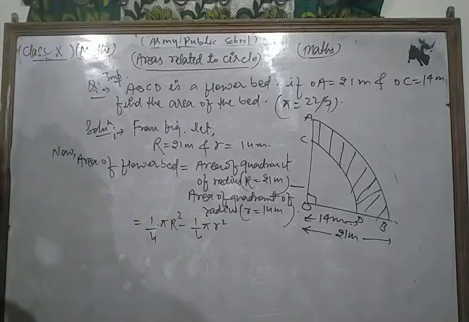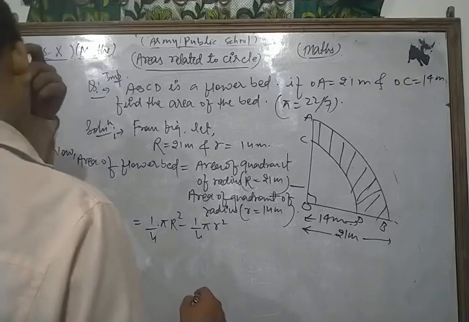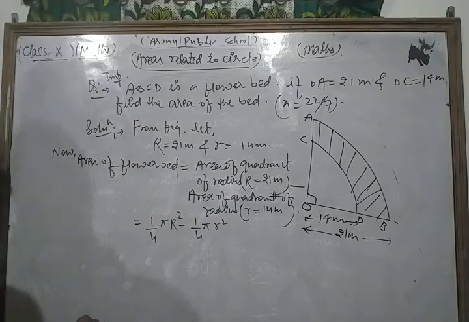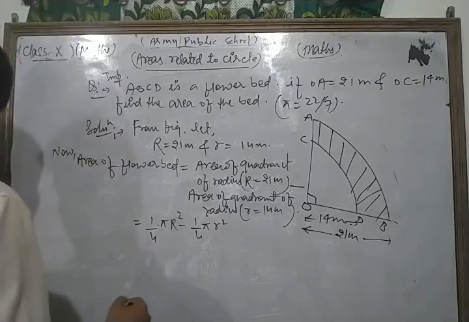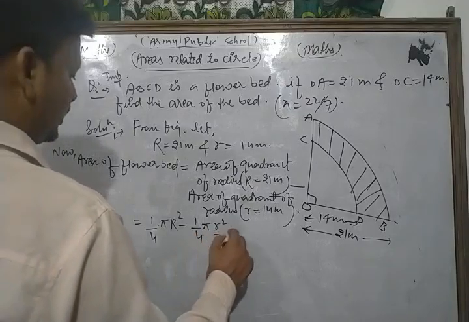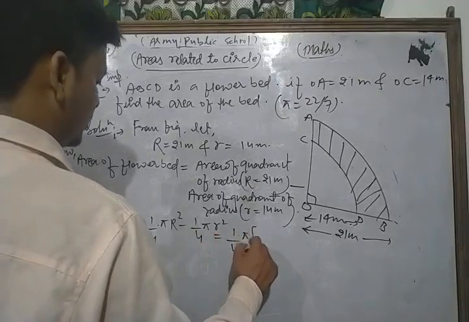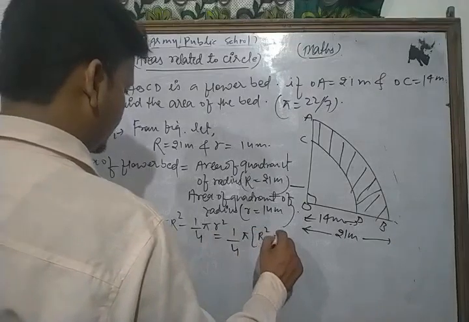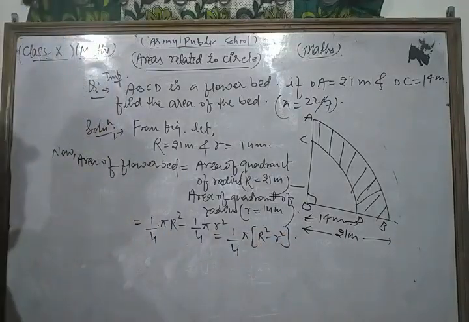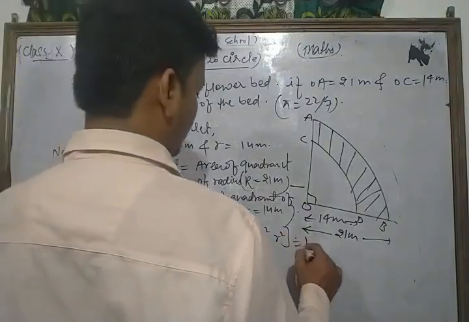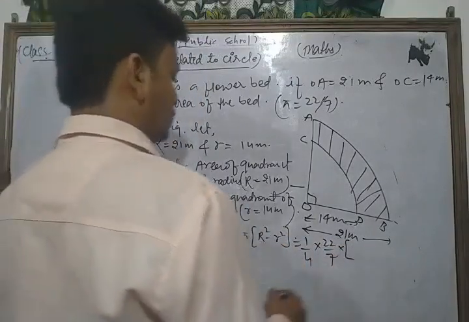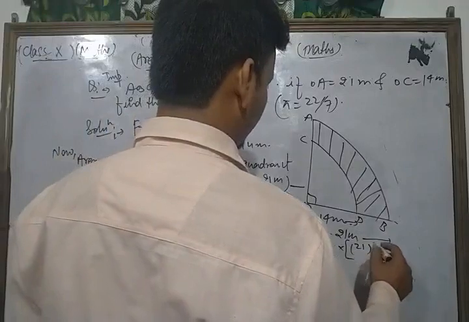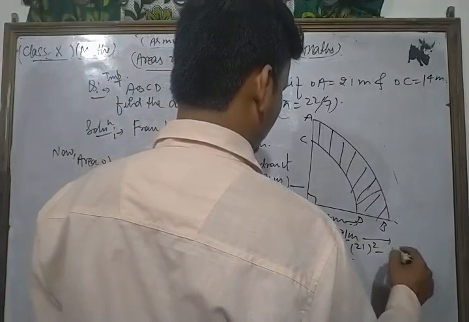Now we simplify them directly. We take 1 by 4 pi as common, so we get capital R square minus small r square. Now this is 1 upon 4, into 22 upon 7, into capital R square, which is 21 square, minus 14 square.